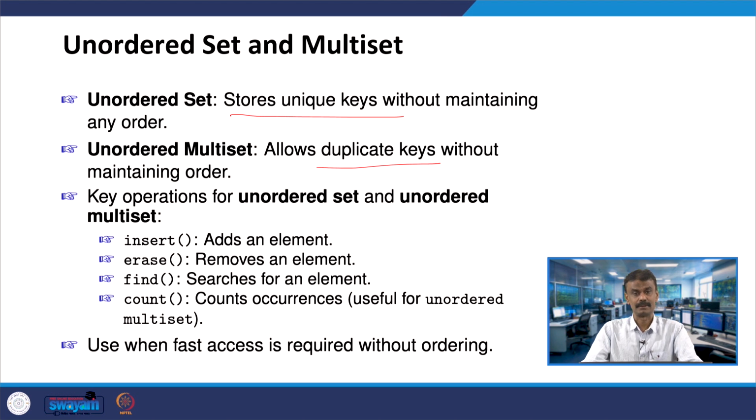You can have insert, that is adding an element, erase, removing an element, find, searching for an element, and count, which counts the occurrences. When you are using unordered multi-set, this counting is useful, and whenever you have some data without any order, unordered set and multi-set are useful for faster access.